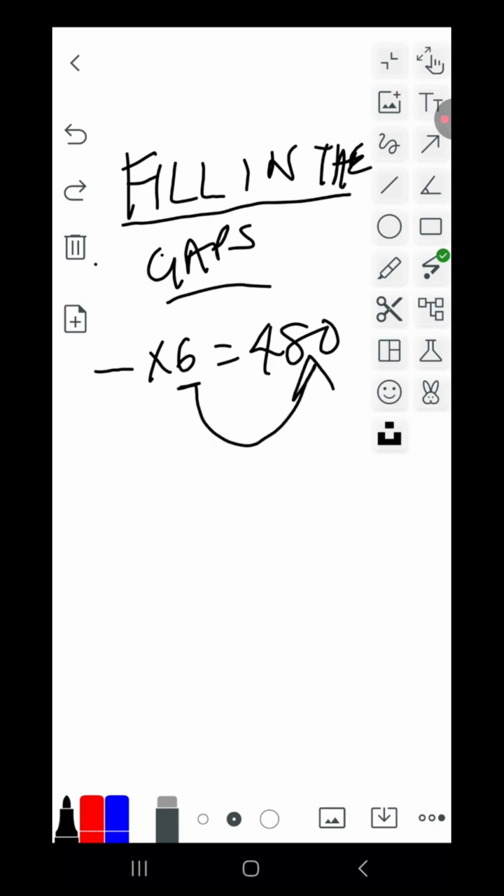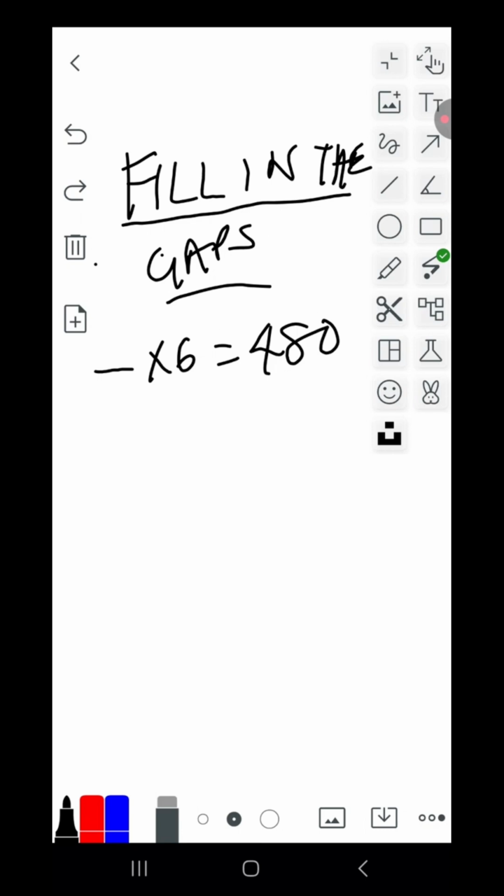Anytime an operation sign jumps over an equal sign to the other side, it has to come back as an inverse. There are several ways to do it, but I'll give you some understanding so you can pick up the shortcut by yourself.